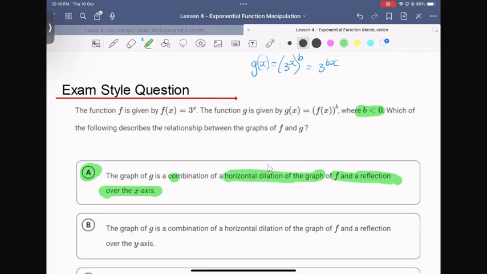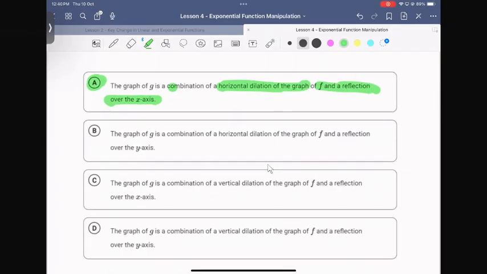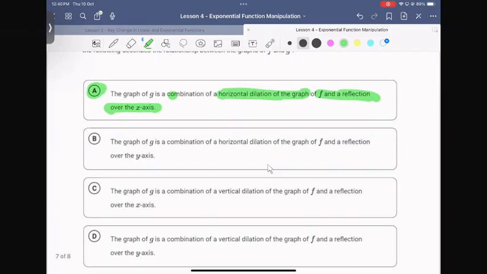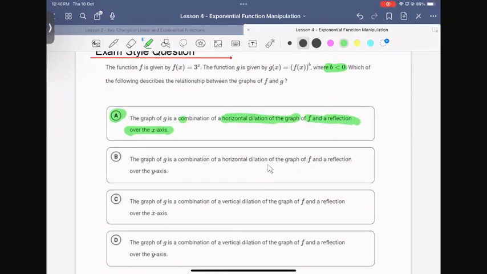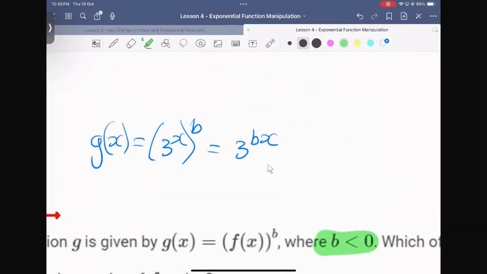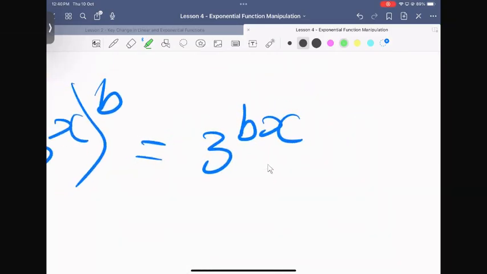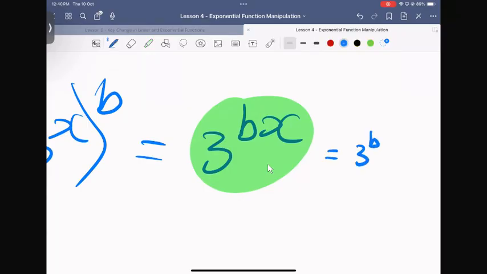This one is a vertical in this form. This is a horizontal dilation. It could be rewritten, but you wouldn't rewrite it as a vertical dilation. You could rewrite it by changing the base. You can't make this into a vertical dilation.